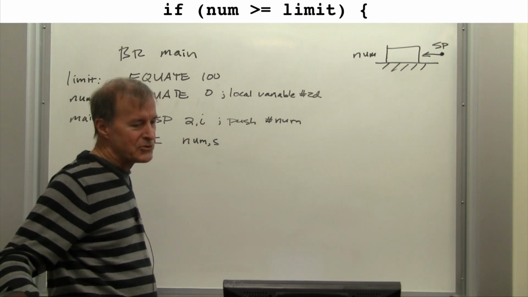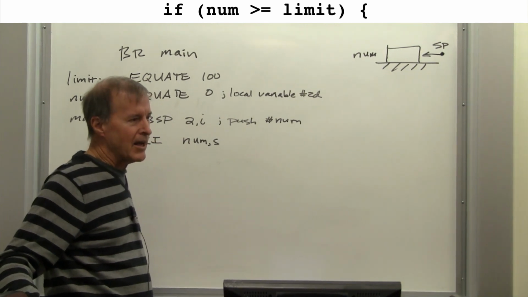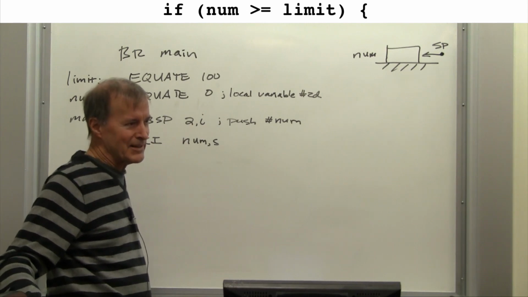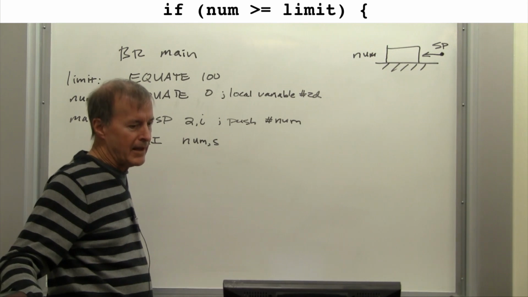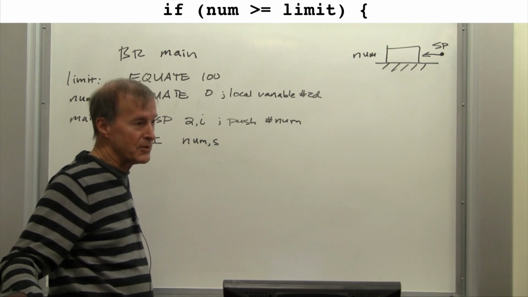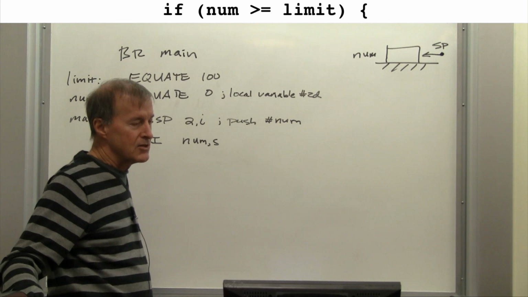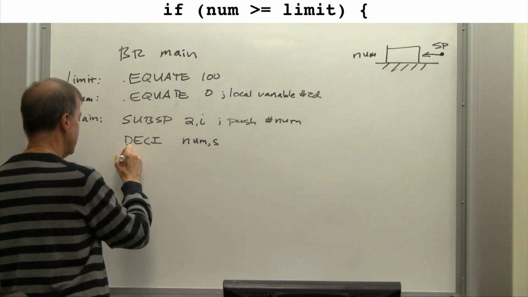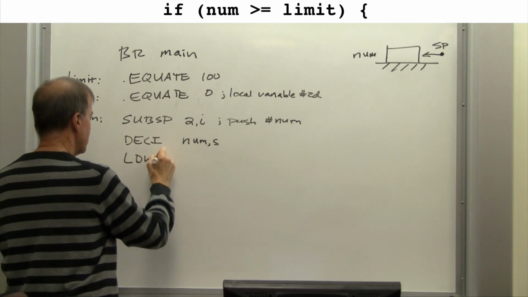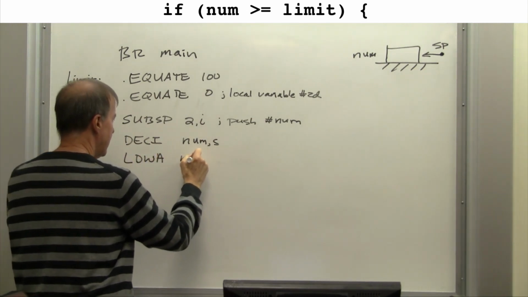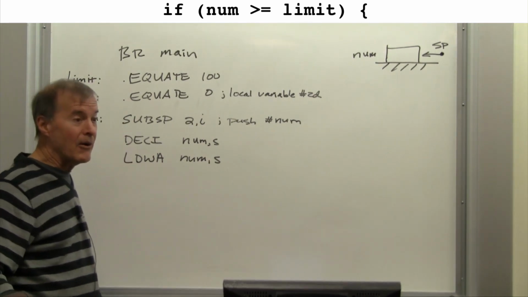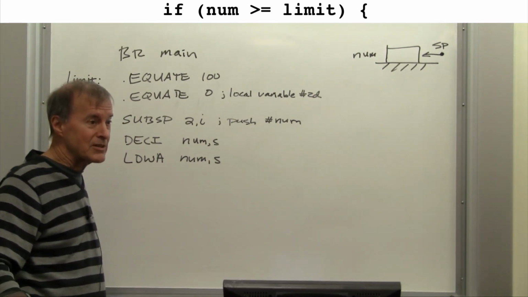If num is greater than or equal to limit, now is where we use this compare. Like, you have to load num first, right? Actually, you do, because it compares it with the accumulator. So what we do is we put the first one in the accumulator. So how do we do that? Just load word accumulator, num, stack relative addressing, and now we get to use the compare instruction.